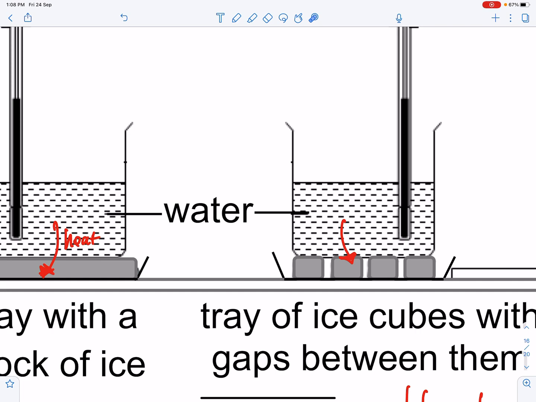If there was air in between, yes, then you can say that the air acts as a poor conductor, therefore heat loss from the water to your ice cube will slow down. No. So this question has got nothing to do with air being a poor conductor of heat, because the air is not in between the two points of contact, your two regions, which is your water and your ice cube. I stress again, the air is not between the two regions. So technically, heat doesn't flow through your air. Therefore, they're not looking at air.